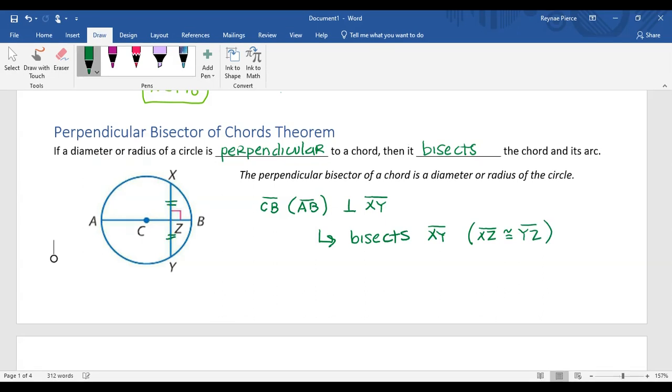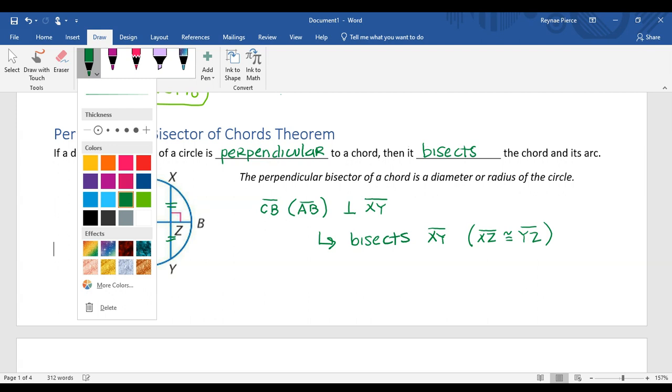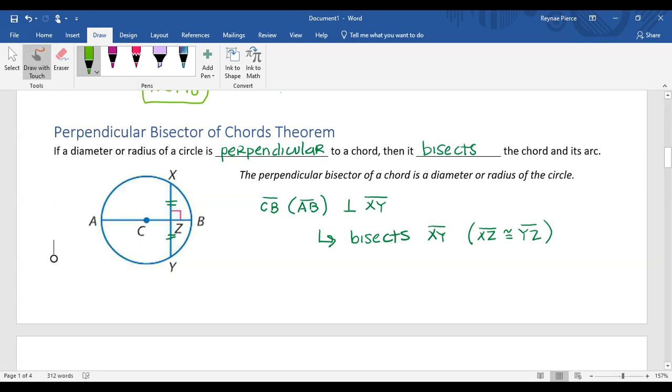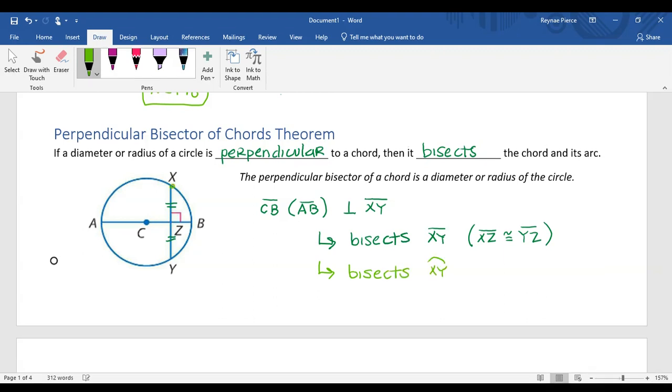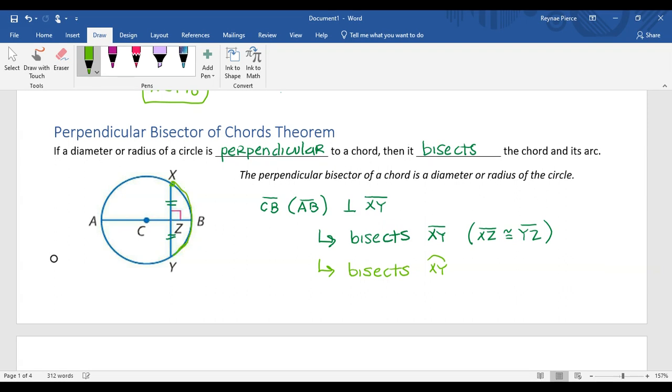But it also means the arc that is cut off by that chord XY is also bisected. So this arc here is also being cut in half, which means that the arc XB is congruent to the arc YB.